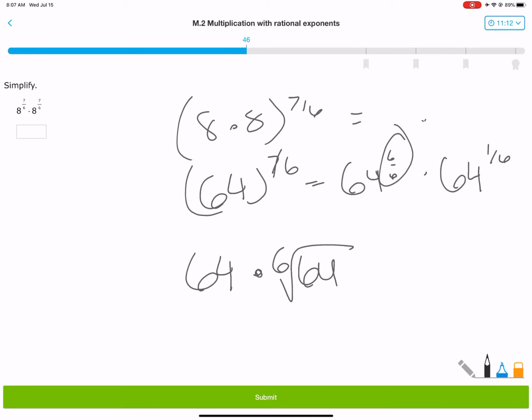So now we've got to figure out what number times itself 6 times is 64. And that is 2. 2 times 64 is 128.